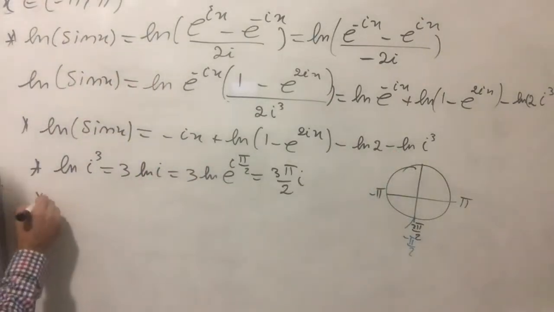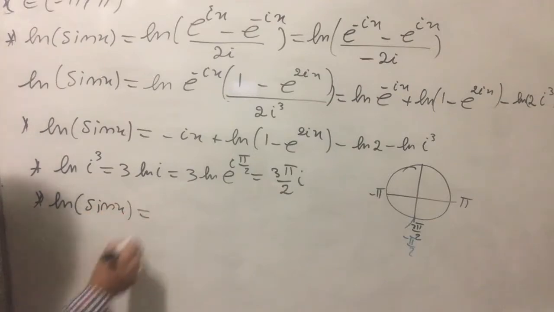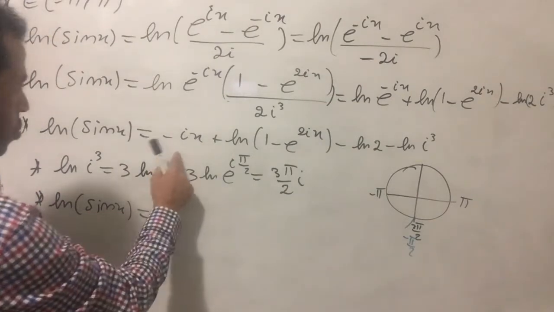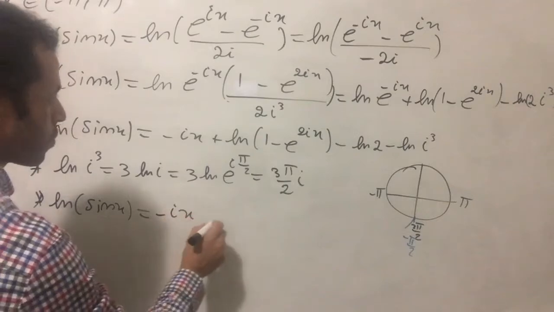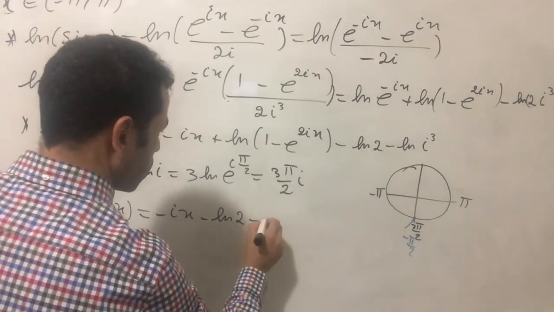So now natural log of sine of x equals this term, minus ix, minus natural log of 2, minus this term.